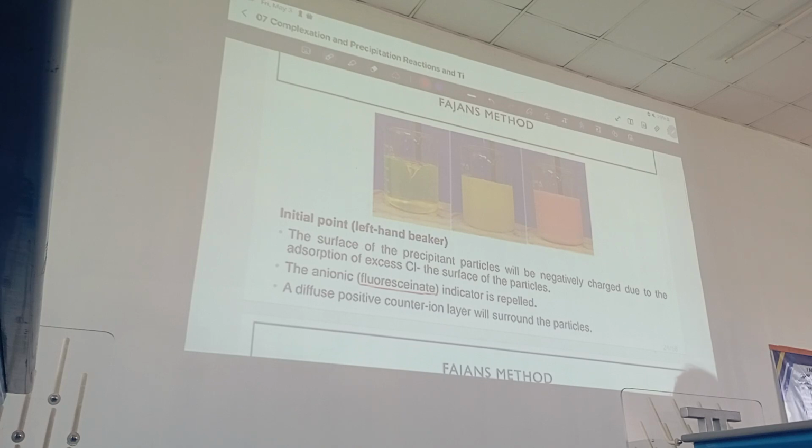A diffuse positive counter-ion layer surrounds the particles, with the Cl and the indicator.